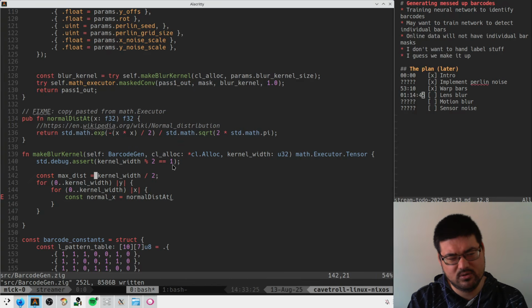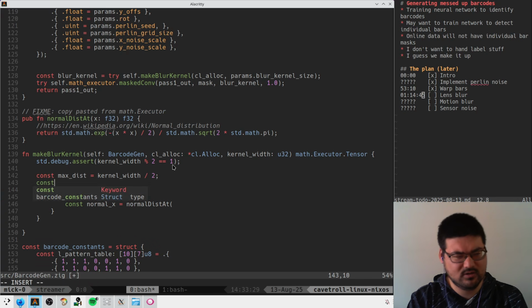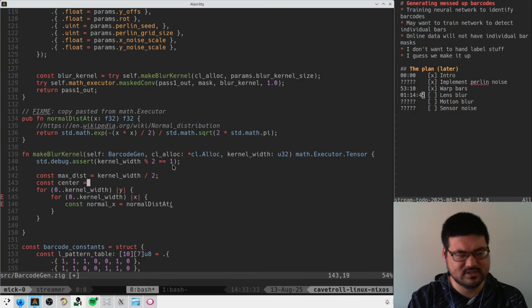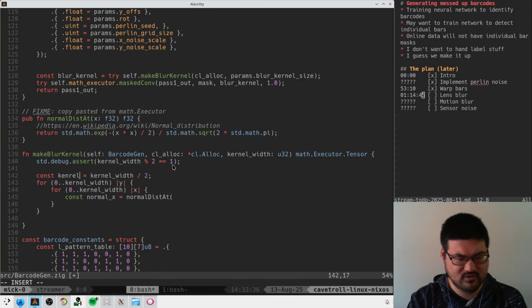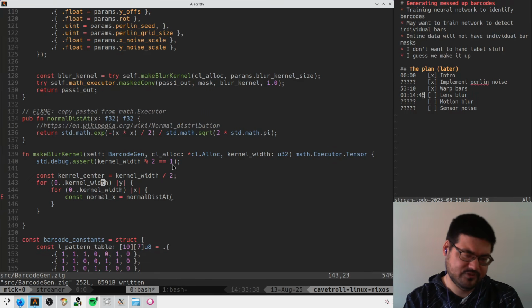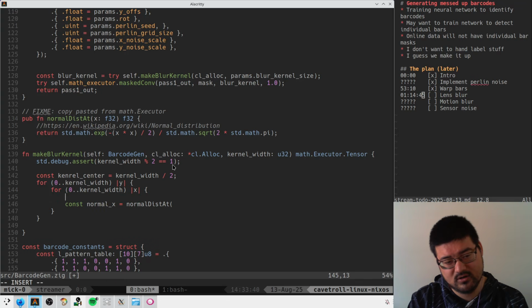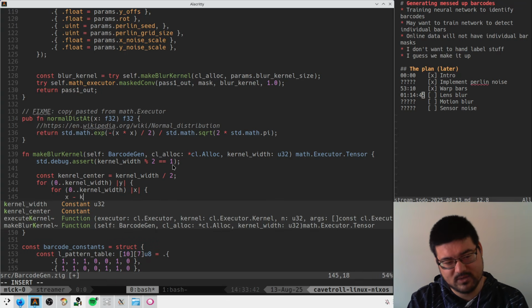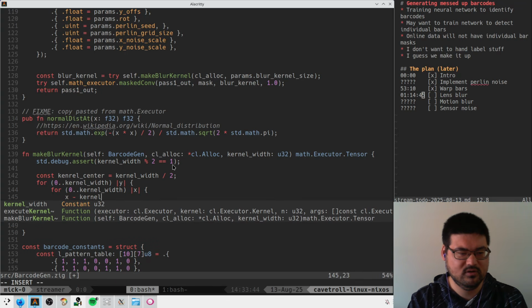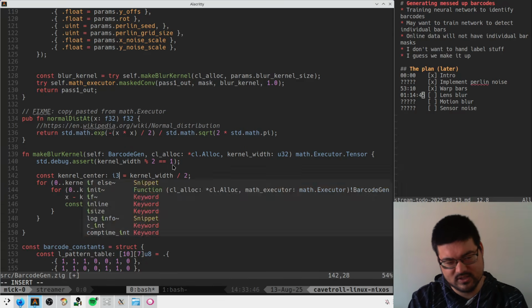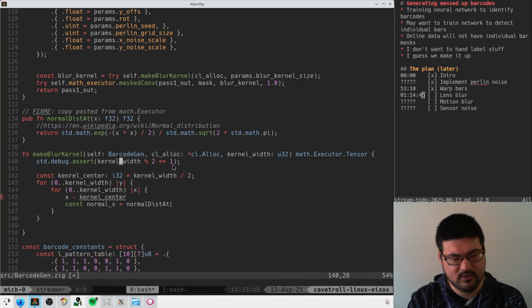And so we want center. I guess this is kind of like kernel center. So it's X minus kernel center, which means that we want this to be as I32 probably.